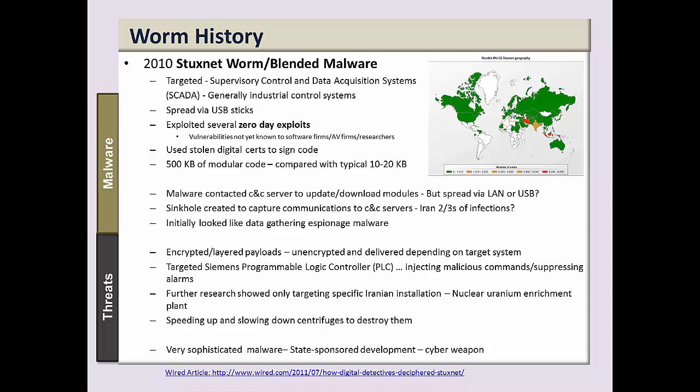And after a lot of investigation, it was determined that these were targeting nuclear uranium enrichment centrifuge systems, which is what these were controlling, pretty much to try and speed them up and slow them down to destroy the centrifuges. And one of the first big cyber weapons that's really been confirmed. Had some very interesting stuff.